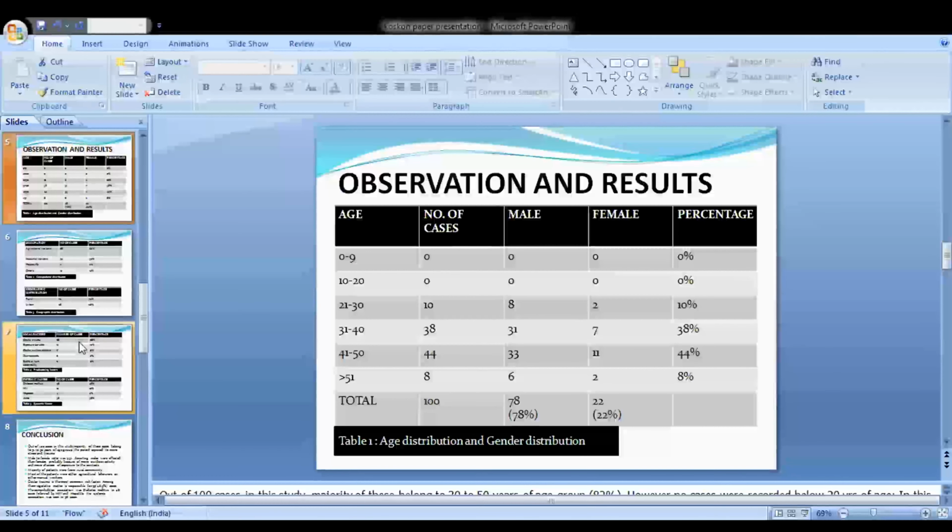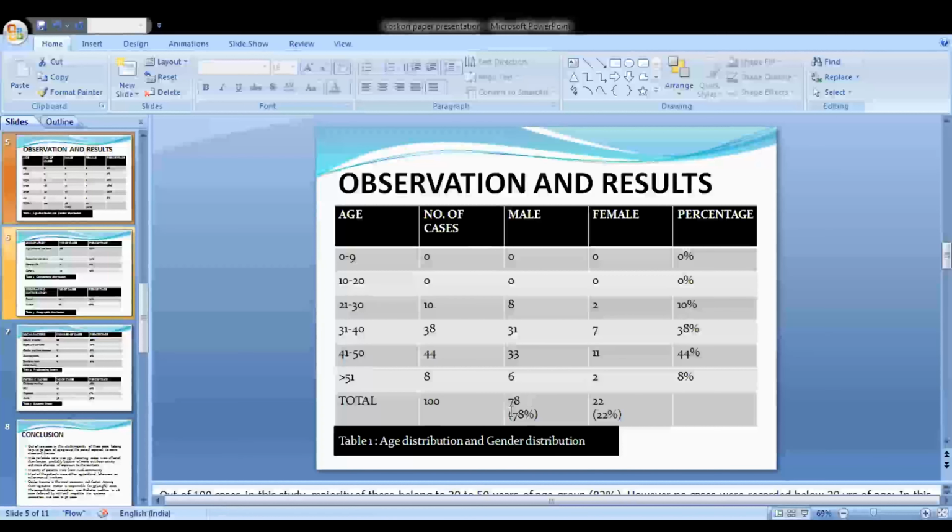These were the observations made. The age distribution and gender distribution: out of 100 patients, most of the patients were between 30 to 50 years of age, and the youngest patient in the study was 22 years old and the oldest was 68 years old.